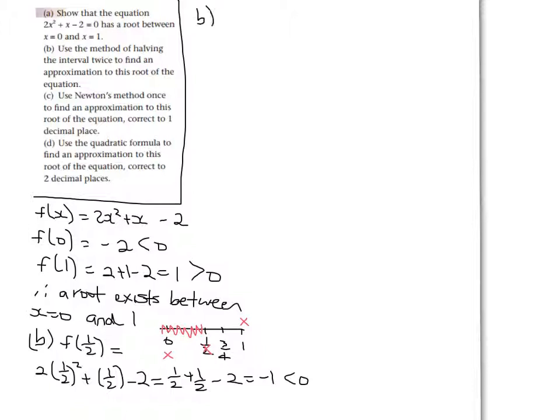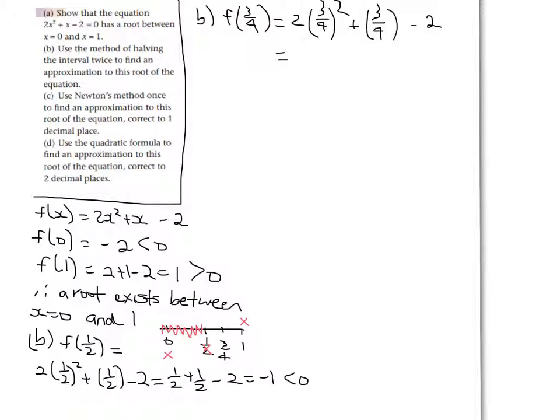So f of 3/4 equals 2 by 3/4 squared plus 3/4 minus 2. I don't have a calculator on me, but we can figure out if it's plus or minus.